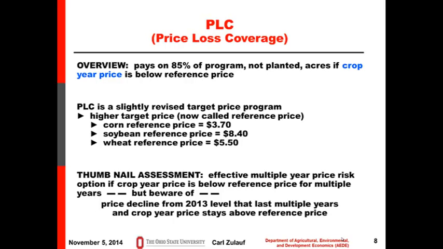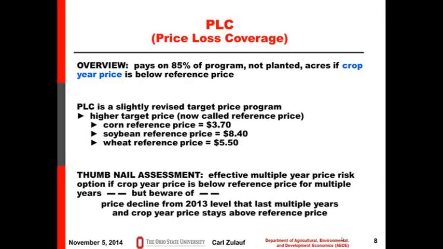So for example, if for 2014 the corn year marketing price was $3.50, there would be a 20-cent payment, $3.70 minus $3.50, and that would be multiplied by the program yield for that FSA farm, multiplied by 85%, multiplied by the base acres on that farm for corn. And that assumes that you had elected PLC for that program.